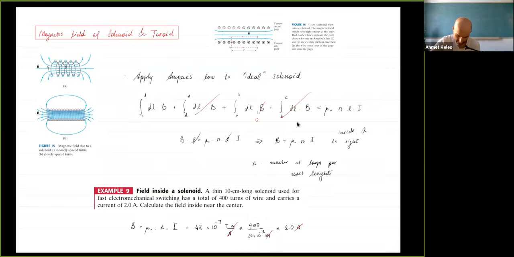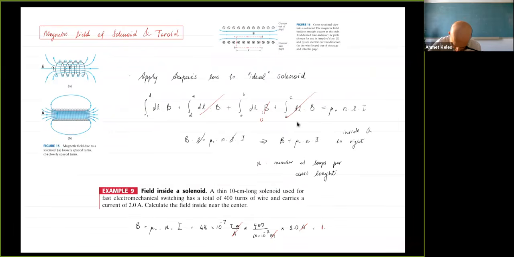Let's calculate. 1.0 times 10 to the minus 7, this is minus 5, and 3 more, so minus 2 Tesla. Now you know this is a reasonable magnetic field, right?